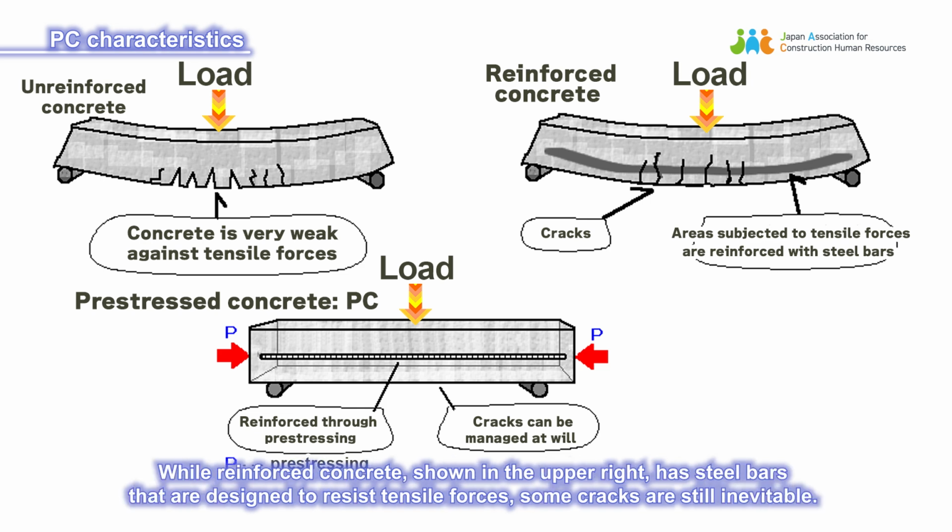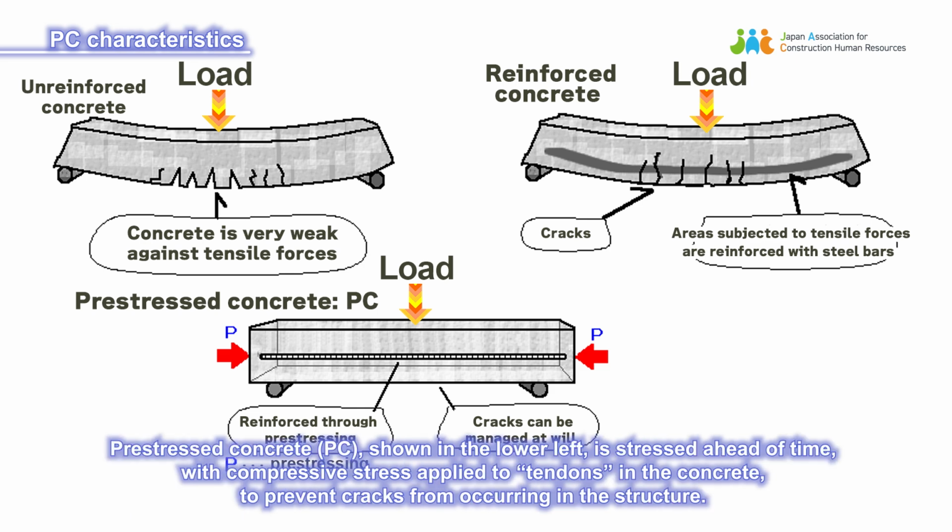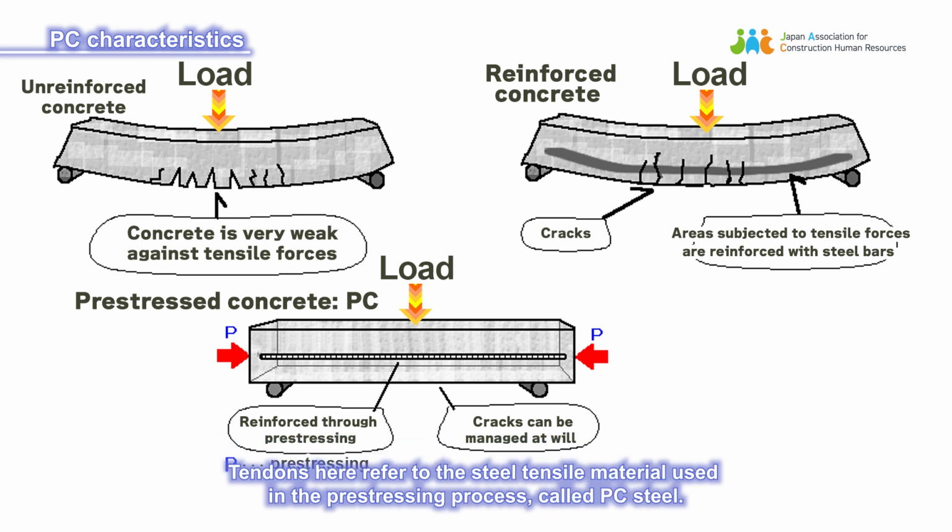While reinforced concrete, shown in the upper right, has steel bars that are designed to resist tensile forces, some cracks are still inevitable. Prestressed concrete, PC, shown in the lower left, is stressed ahead of time, with compressive stress applied to tendons in the concrete, to prevent cracks from occurring in the structure. Tendons here refer to the steel tensile material used in the prestressing process, called PC steel.